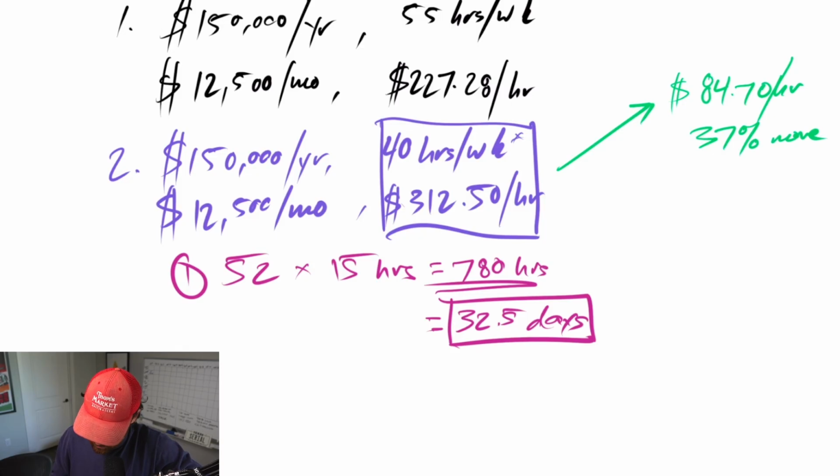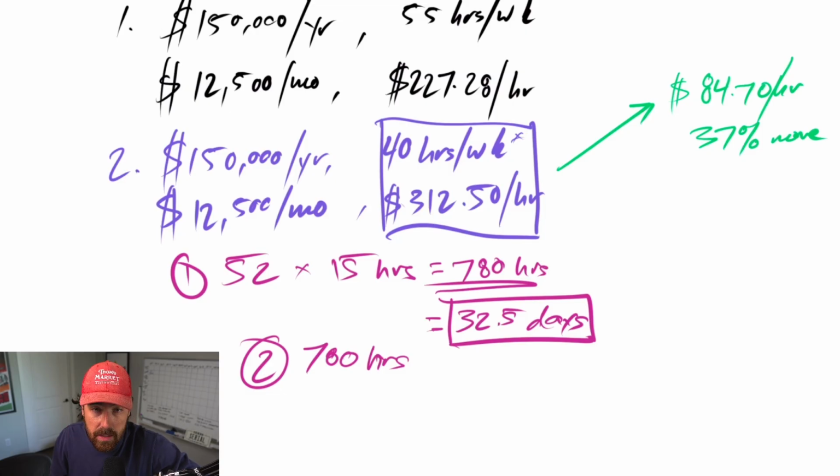Scenario 2, let's say someone is a little bit more money motivated. We get 780 hours of our time back. Let's say they don't have kids, they're not married, they're young, and the only thing they have to do right now is work their ass off.